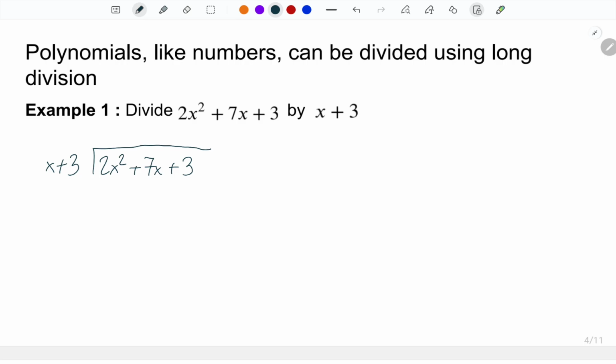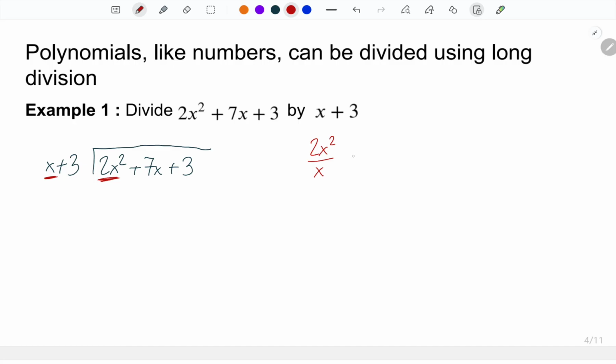And just like we did with the numbers, we're going to be going piece by piece. And as we go piece by piece, we're going to just divide by the biggest thing there, the x plus 3 in this case, just the x. So that's where it's maybe a little bit different looking.